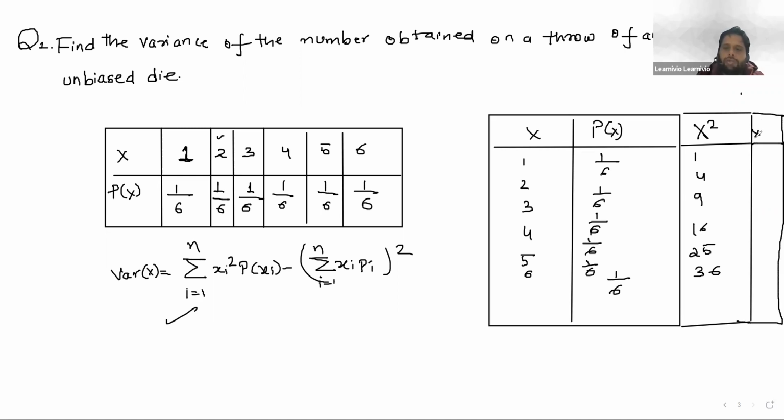Multiply this x square with the probability: 1 by 6, 4 by 6, 9 by 6, 16 by 6, 25 by 6, and 36 by 6. Okay, Nabil? Then add all this. Whatever value you get by adding this, put it here. For the mean, you need to multiply x with the probability and find the mean, put the value here. Then you can do the calculation.